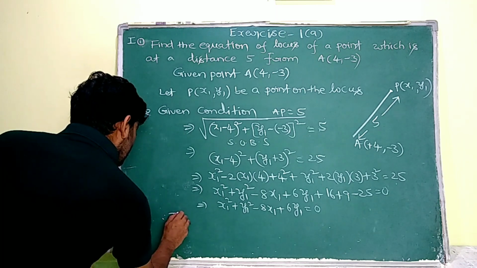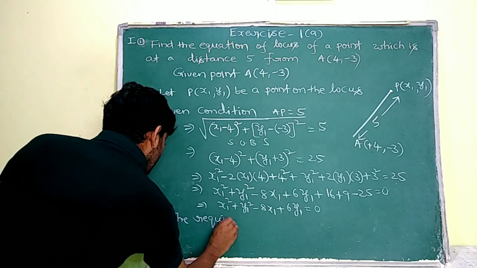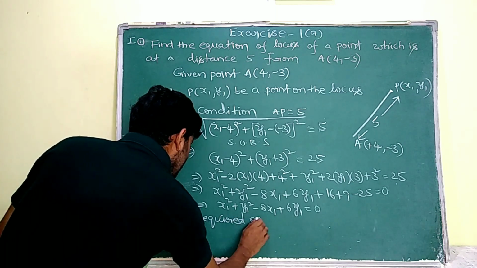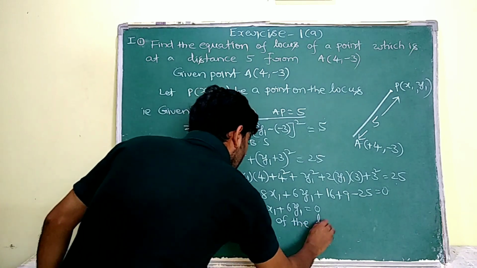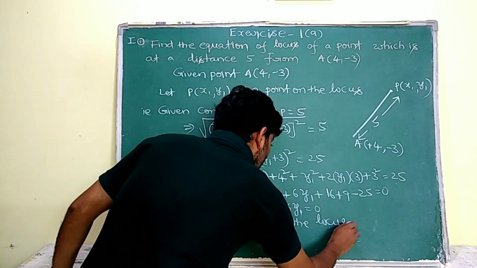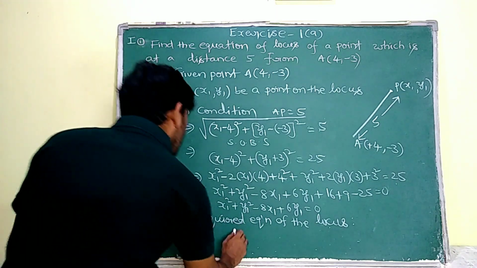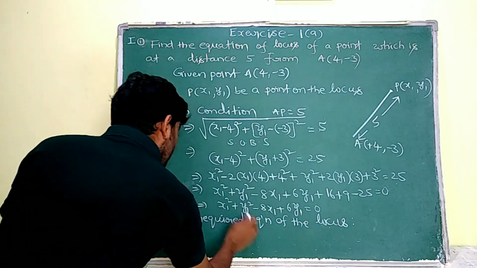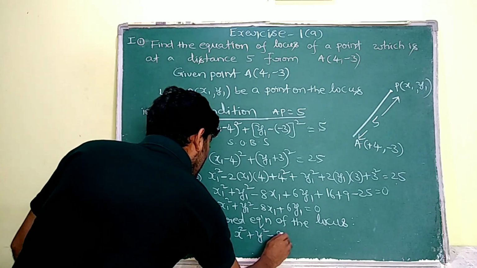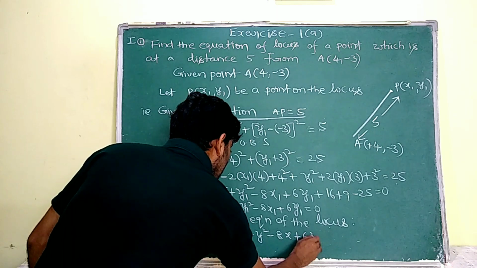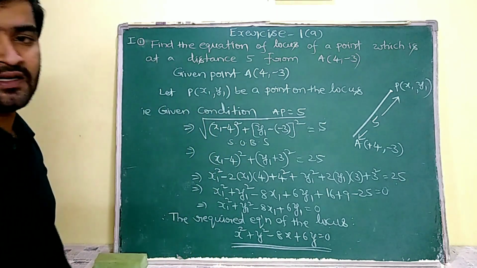Therefore, the required equation of the locus. We know that the locus equation is always in terms of x and y. So we have to replace x1, y1 with x, y, that is x square plus y square minus 8x plus 6y is equal to 0. This is our required equation of the locus.